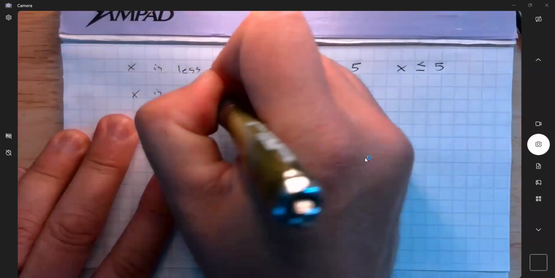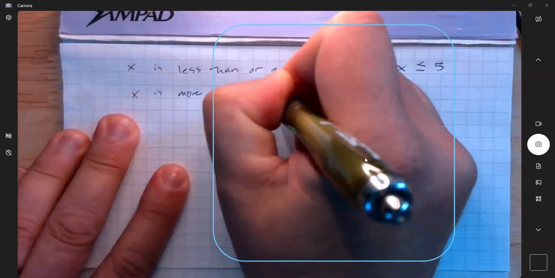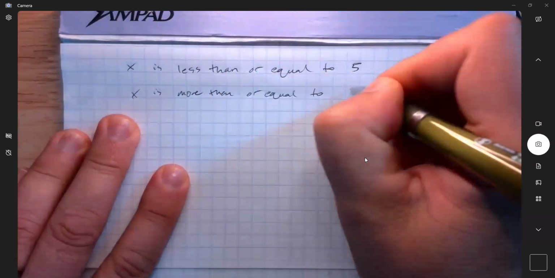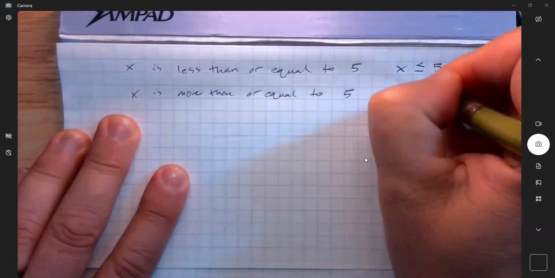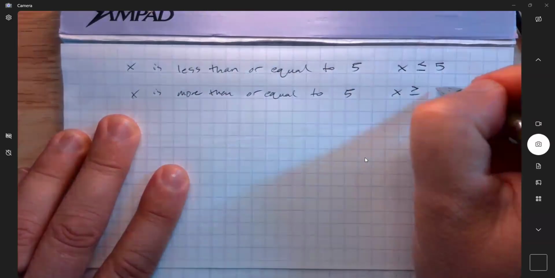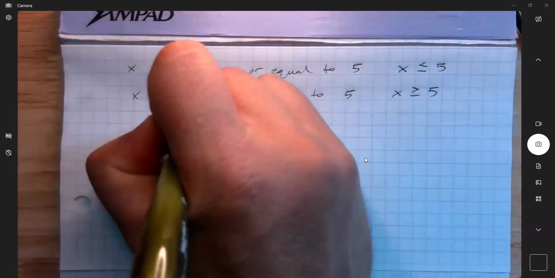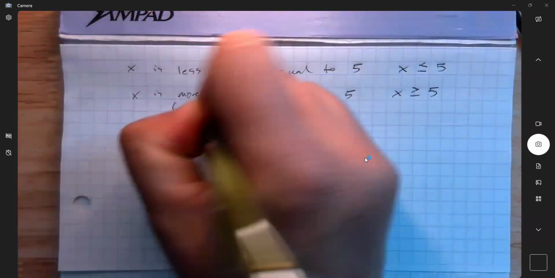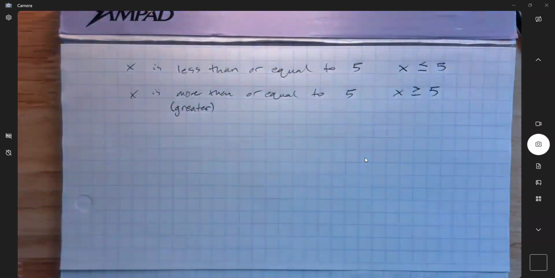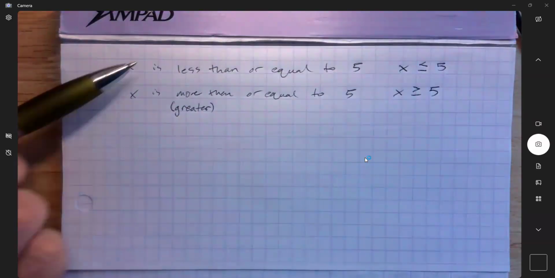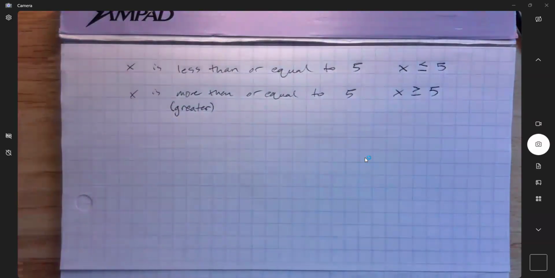And the other option, x is more than or equal to 5, I would use the greater than symbol with the horizontal line. That's the greater than or equal to, more than or equal to. Another word for more, by the way, is greater. So I'll probably say one or the other sometimes. More than and greater than are the same.